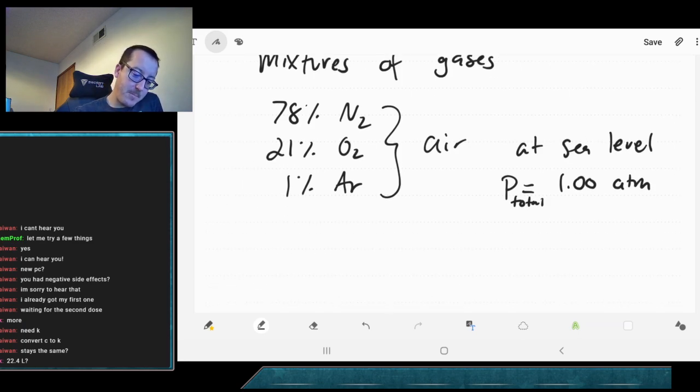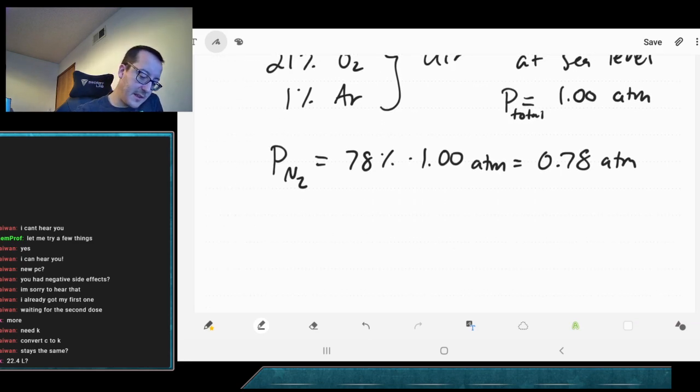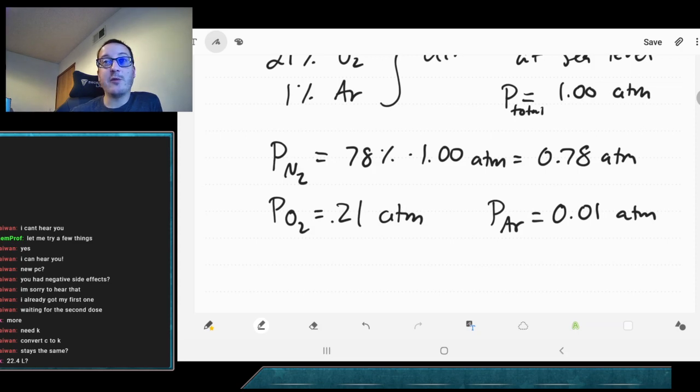And if we just looked at nitrogen gas, the pressure is in fact 0.78 atmospheres, since nitrogen was 78% of that air, so 78% of the pressure is caused by nitrogen. The pressure of oxygen would be 0.21 atmospheres, and the pressure of argon would be 0.01 atmospheres. And if we add those all up together, we get our total pressure of 1 atmosphere.